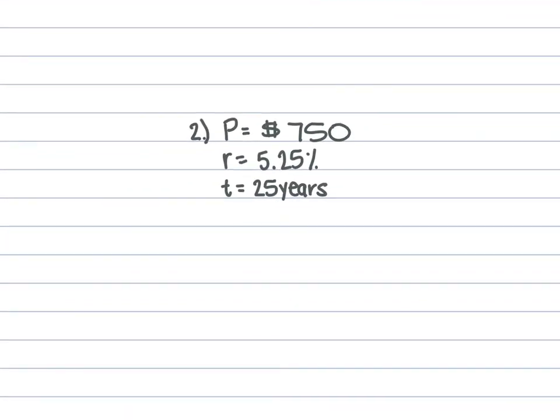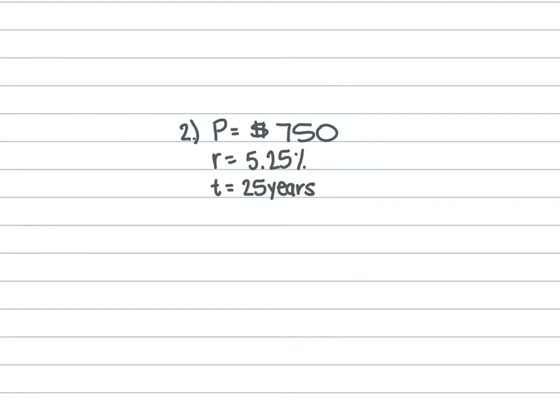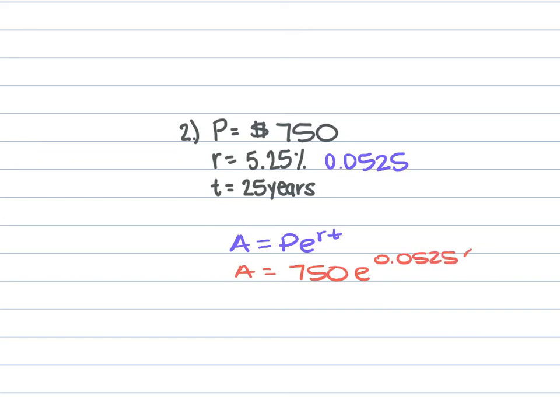For 2, we have an investment amount of $750. We have a rate of 5.25%, so that's going to turn it into 0.0525 over 25 years. So we are going to use A is equal to P times e to the power of R times T. So A is equal to 750 times e to the power of 0.0525 times 25.